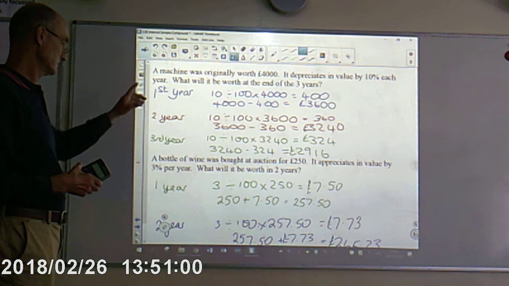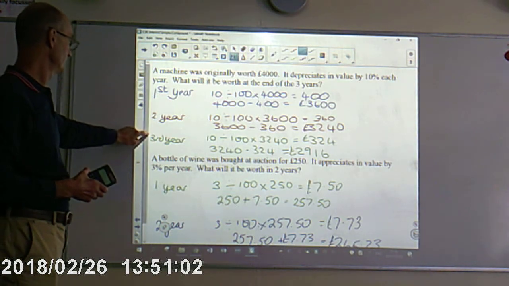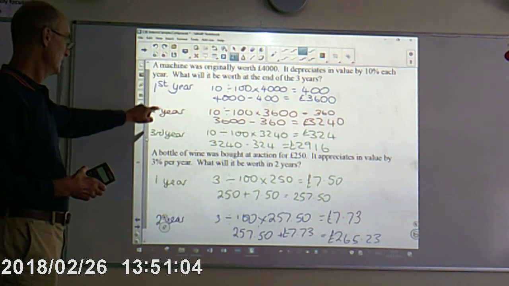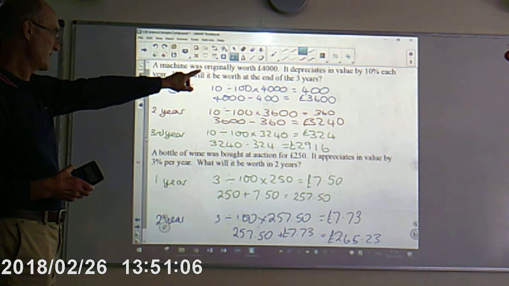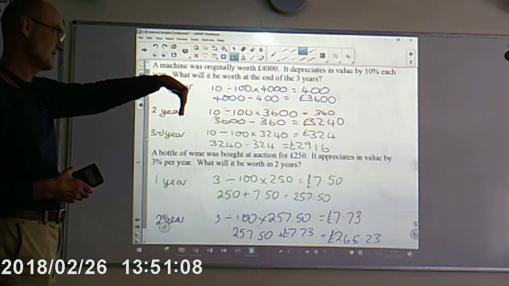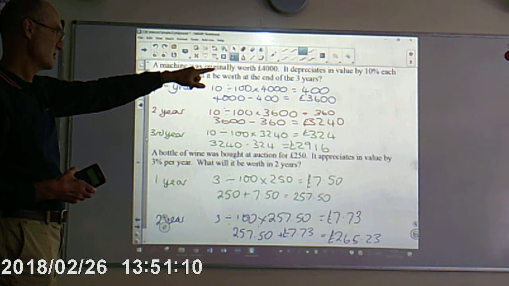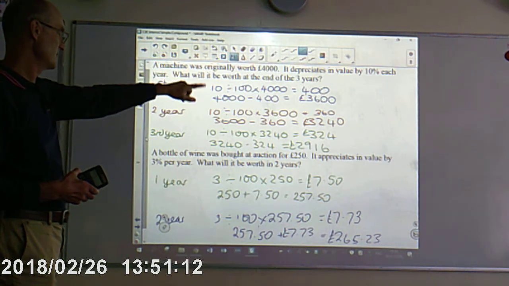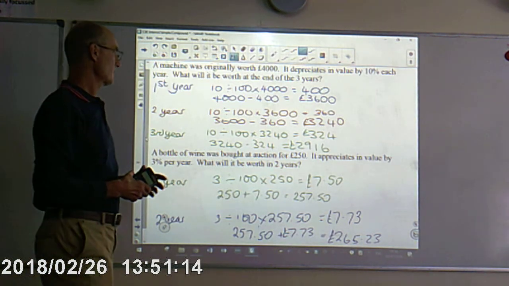So, I've done 2 examples here in advance for you. The machine was originally worth £4,000. It depreciates and it's going down in value by 10% each year. What will it be worth at the end of 3 years?